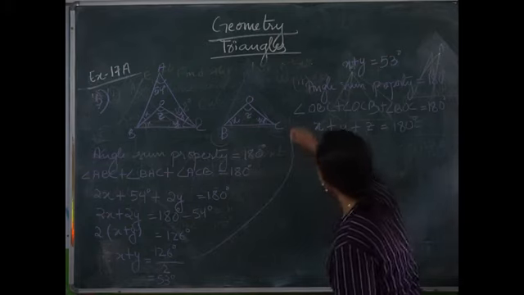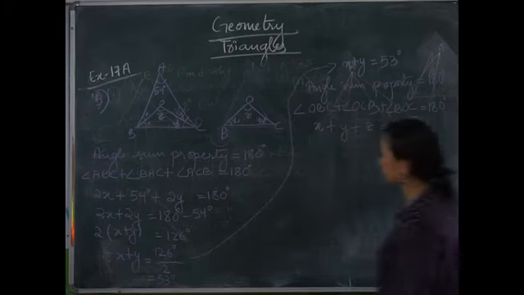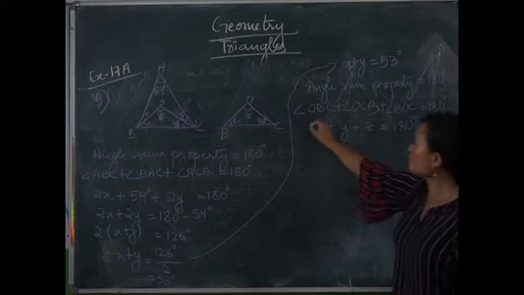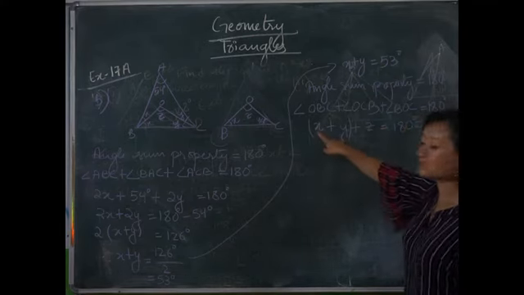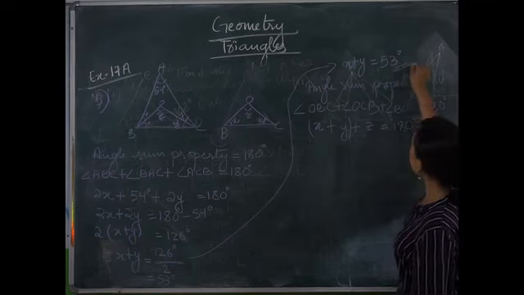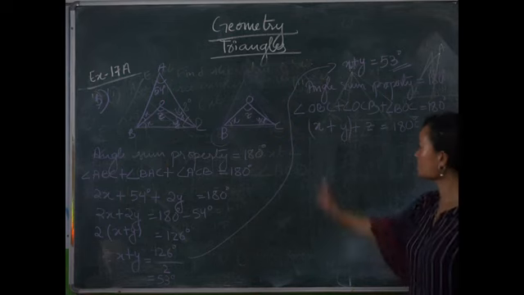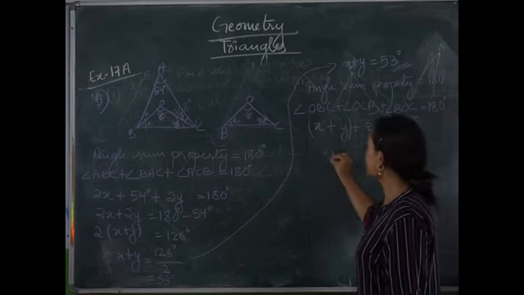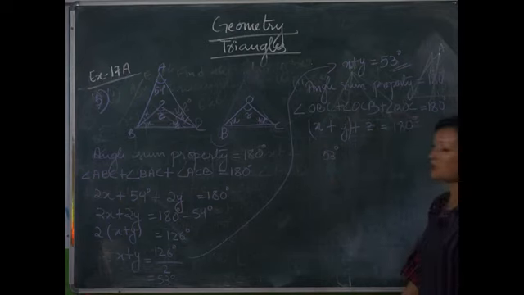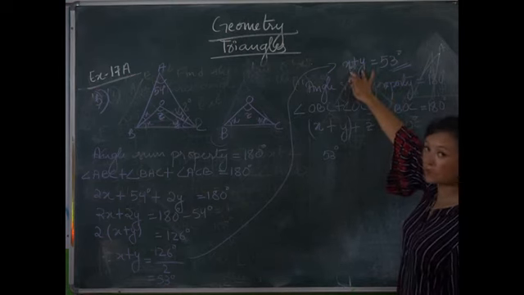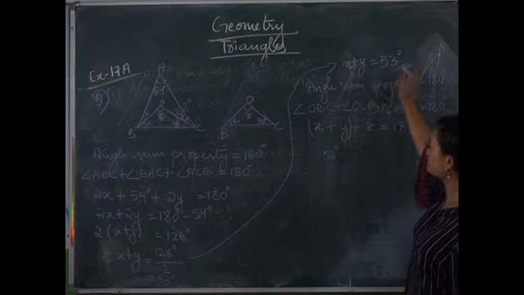Okay, this has been continued over here in case you are confused. Now we already have x plus y. We just calculated the value of x plus y, which is equal to your 53 degree. So instead of x plus y, what are we going to write? We write it as 53 degree. Because from the first figure, we have calculated that the sum of x plus y is 53 degree.